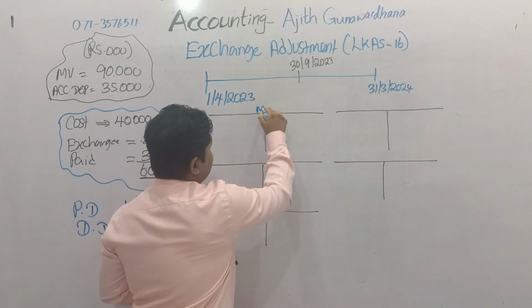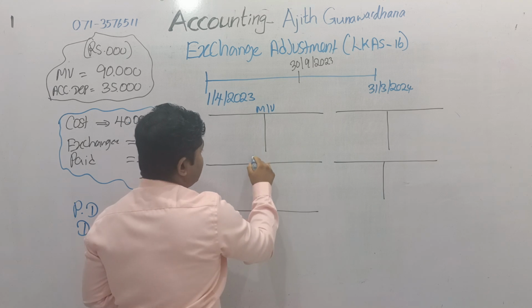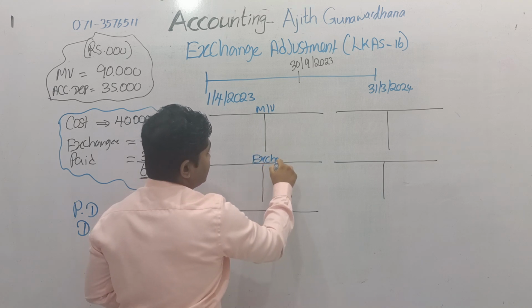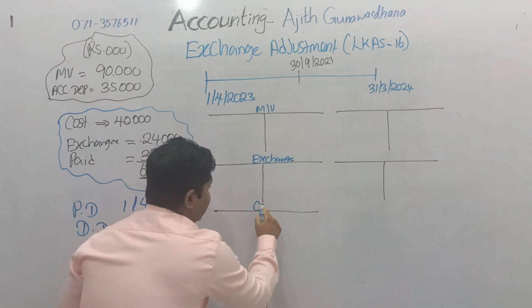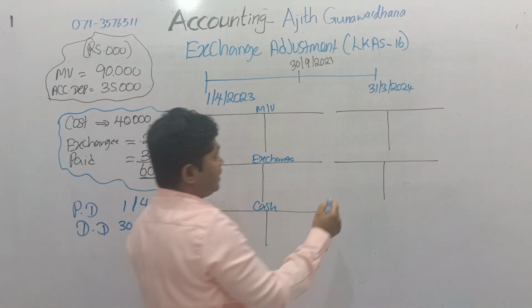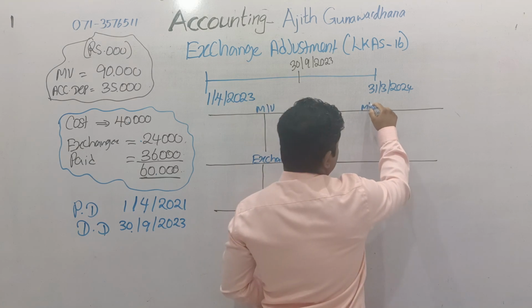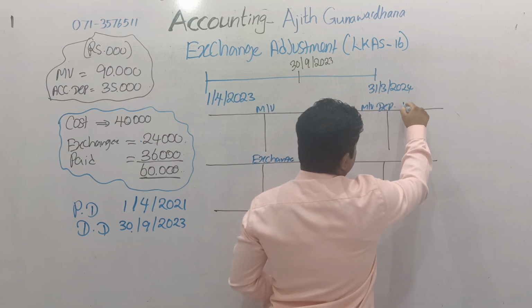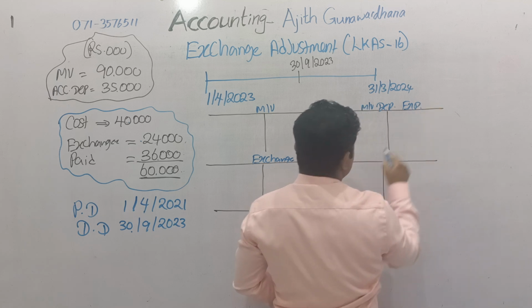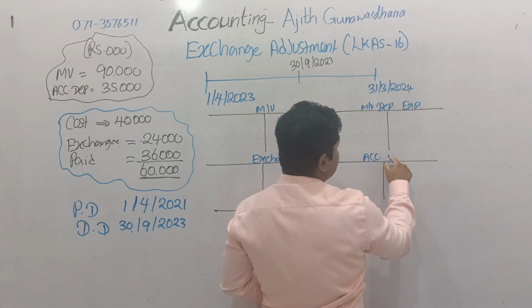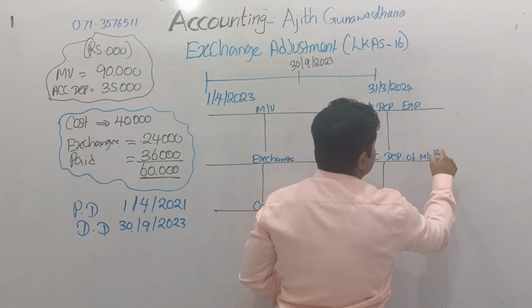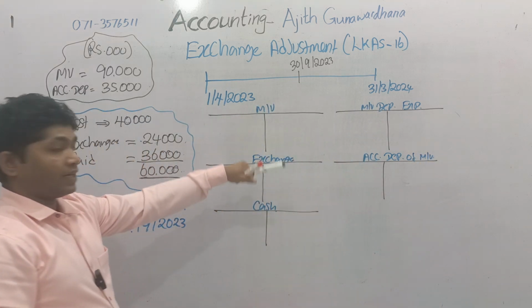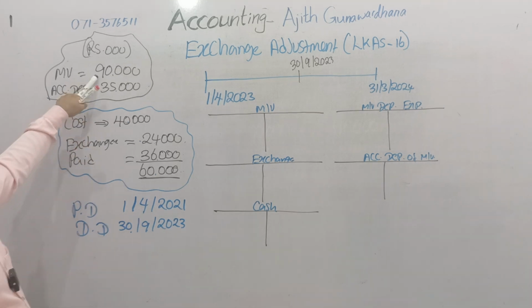This is the motor vehicle account, this is the exchange account, this is the cash account, and the motor vehicle depreciation expense account and accumulated depreciation of motor vehicle account.